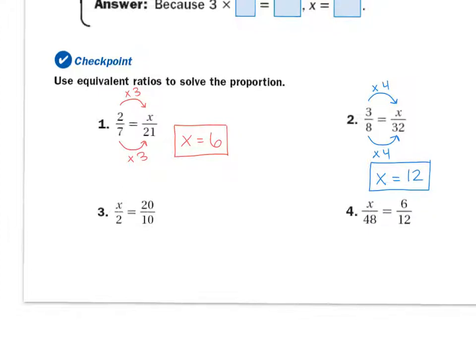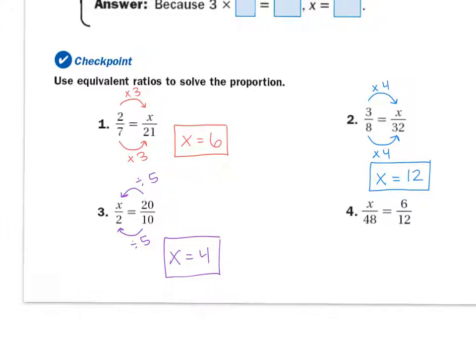On this one, there's actually a couple options of how we could solve this. One option is we can say, moving from the right to the left, that 10 divided by 5 is 2. And therefore, since 20 divided by 5 is 4, x equals 4. That's one way.